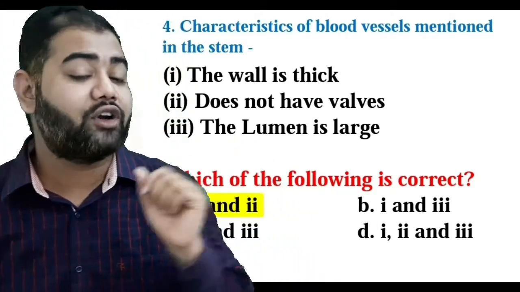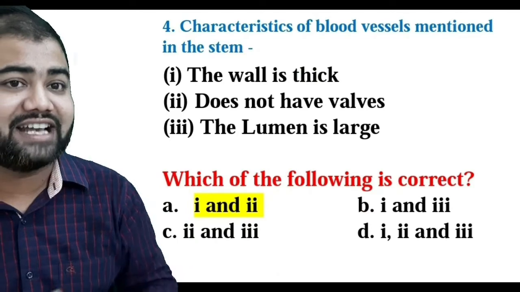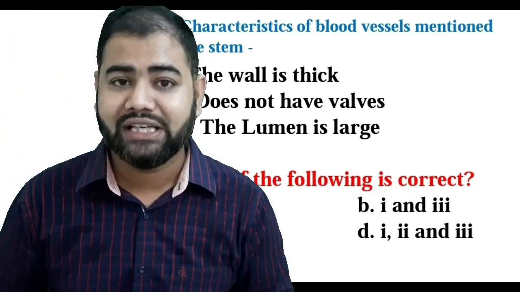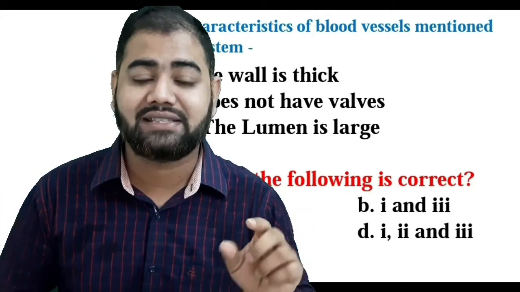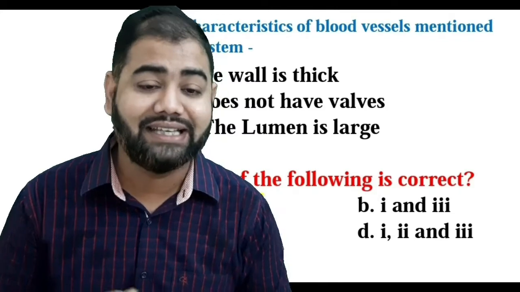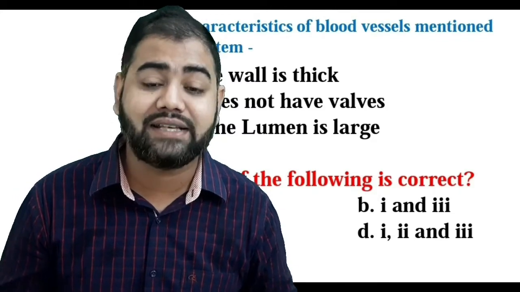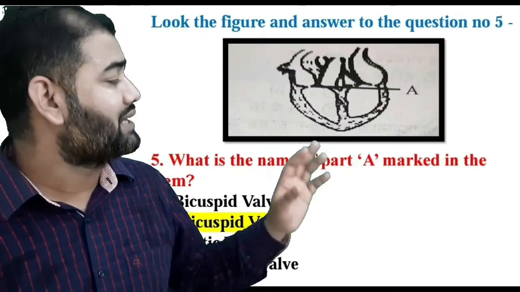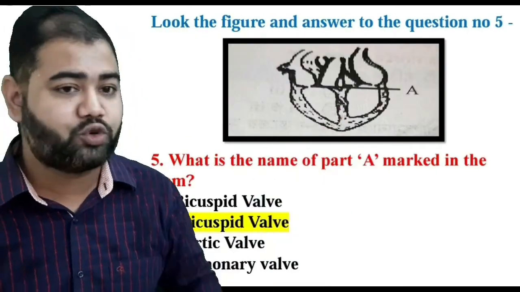Which of the following is the right answer? Option A, that means 1 and 2, is correct. That is, the wall is thick and there are no valves in the blood vessels mentioned in the stem. And this is the last question from today's class.